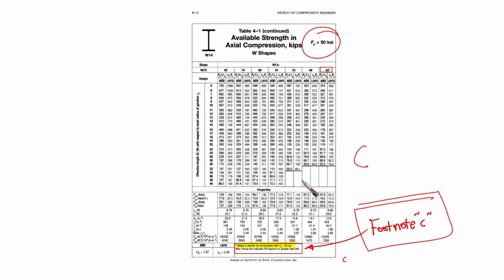This means that, we are talking about table 4-1 here. So this means that the available strength is already computed based on taking into consideration the slenderness effect.